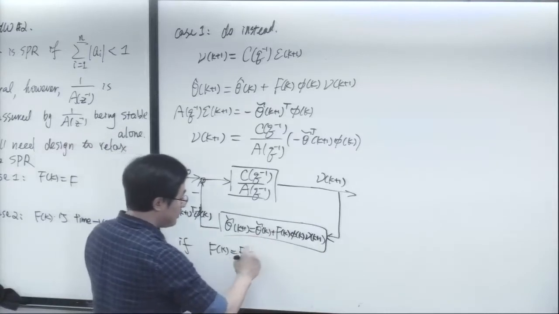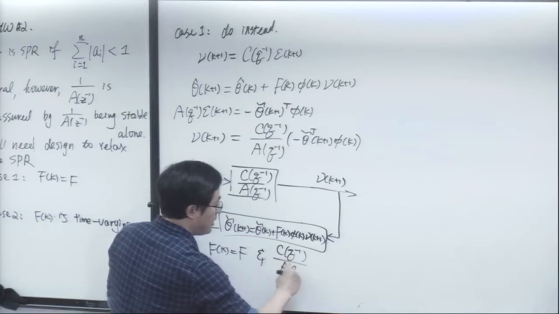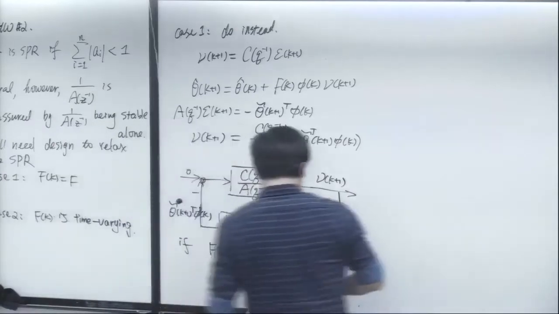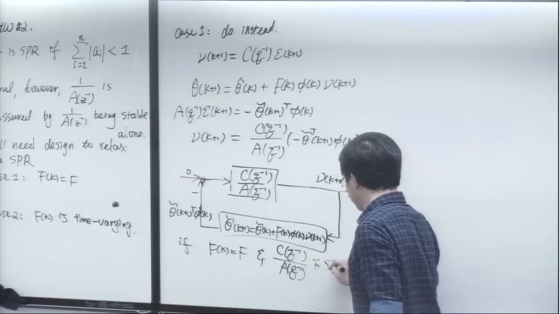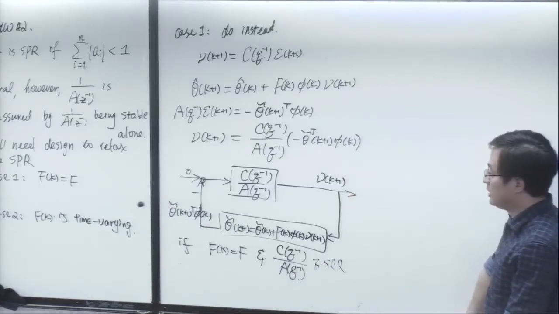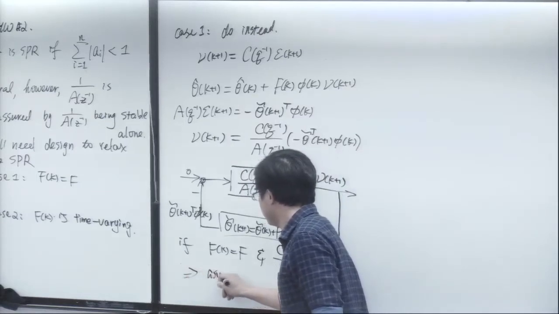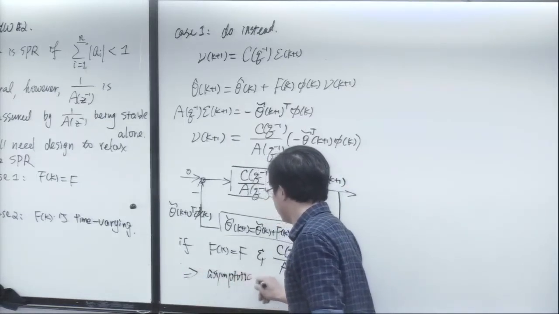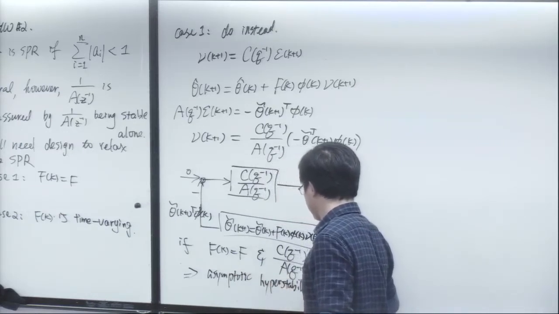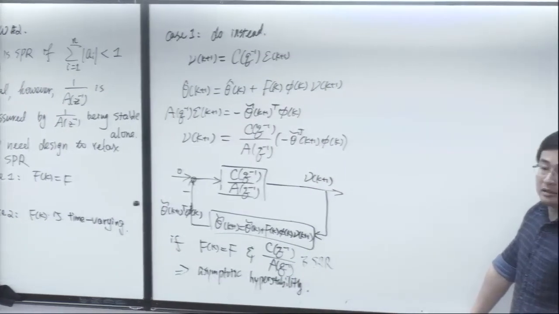If it's a constant adaptation gain and C over A, this LTI block, is SPR, then we're going to have assured stability, hyperstability.